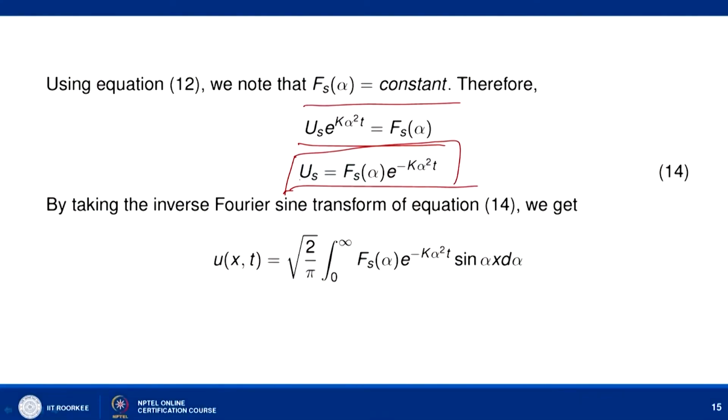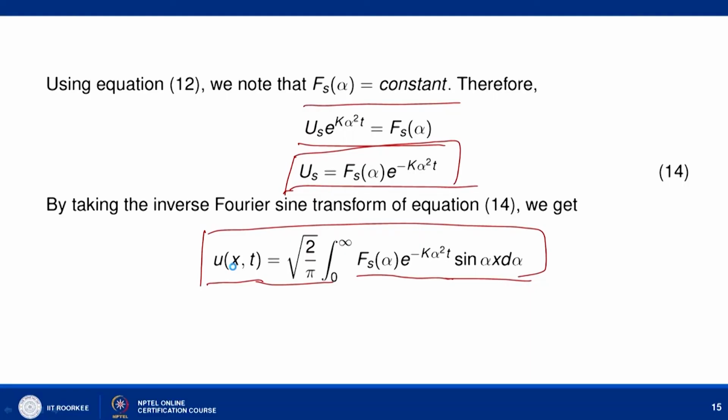Once we know the Fourier sine transform of u(x,t), we can find u(x,t) by taking the inverse Fourier sine transform of this equation. So u(x,t) equals root(2/pi) integral from 0 to infinity of f_s(alpha) e^(-k alpha square t) sin(alpha x) d alpha. By solving this we can find the solution in terms of x and t.